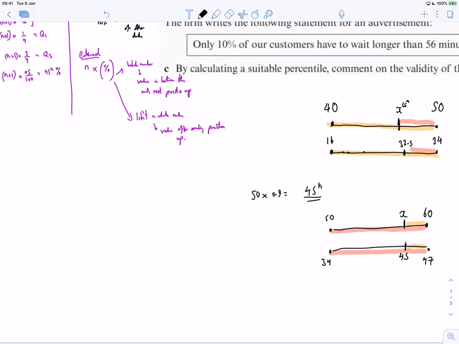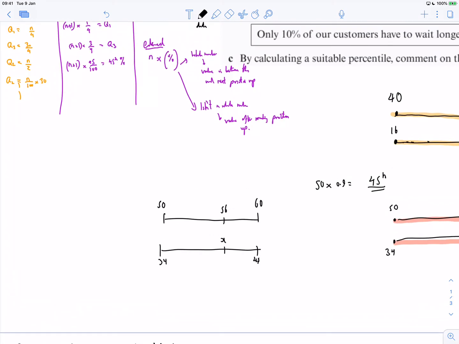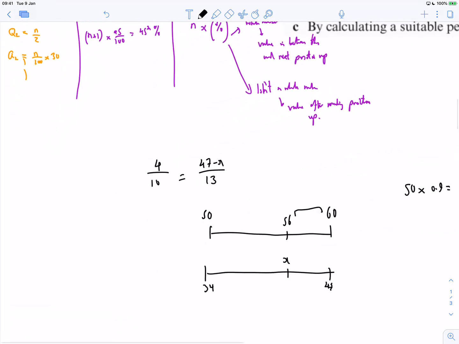So what could we have done? We could have gone 60, and then that's 56 is here. This is 50, and then we want to find the position. Let's say x, and this is 47, 34. So same deal again. This distance, 60 to 56, is 4, over 60 to 50 is 10, equals 47 minus x, over 47 minus 34 is 13. Times by 13 both sides, so that's 52 over 10 equals 47 minus x.